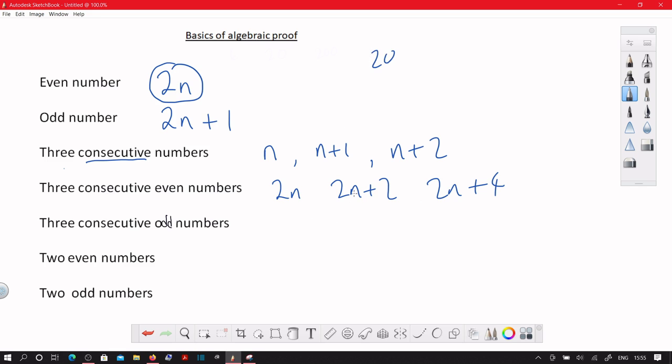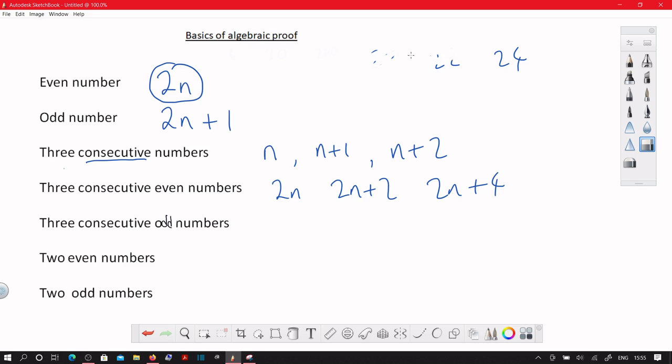Add 2 is 22. Add 4, 24. Look, 20, 22, 24. 3 consecutive even numbers, one after another.